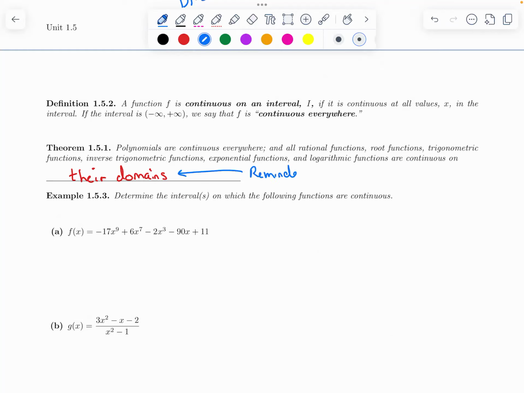You guys remember how to find domains, though? It's been a while. But for the domain, you're looking for all the places where your function would not exist.